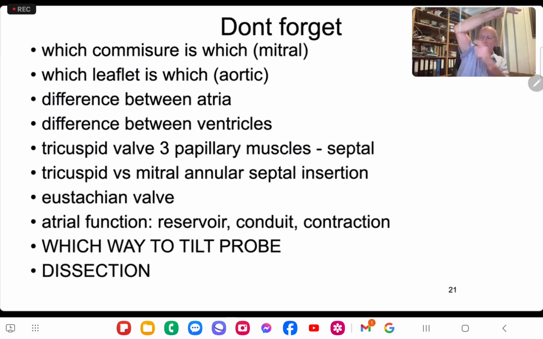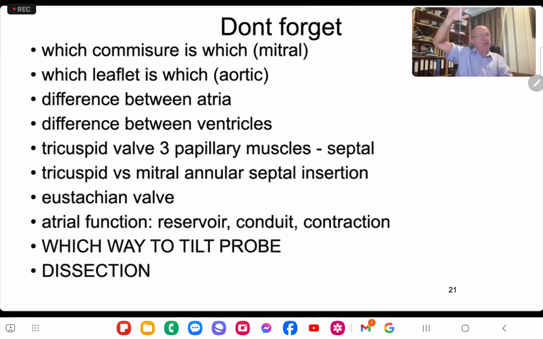It stays full because at the same time, blood is flowing from the pulmonary vein into the atrium, and from the atrium into the ventricle. So really, during that phase, all the atrium is doing is joining the pulmonary vein to the ventricle. So it's acting like a conduit.